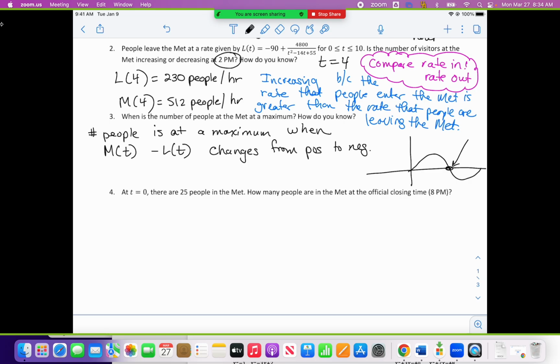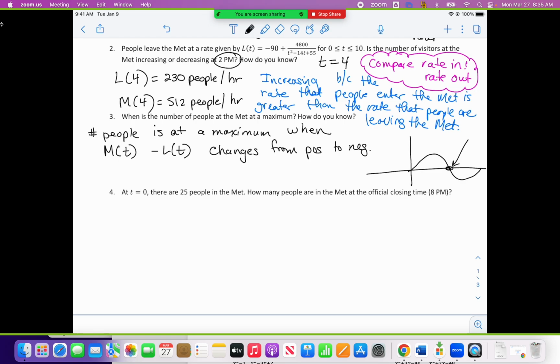Okay, then what you're going to want to do is add a page, and you should be able to type in m of t minus L of t. That's one option. So one option is to type in m of t minus L of t and look for that x-intercept. Another option is to enter two graphs, enter m of t and L of t and look for the point of intersection.